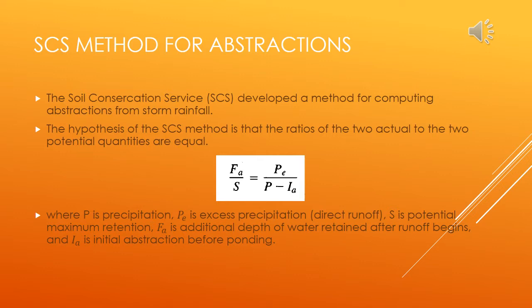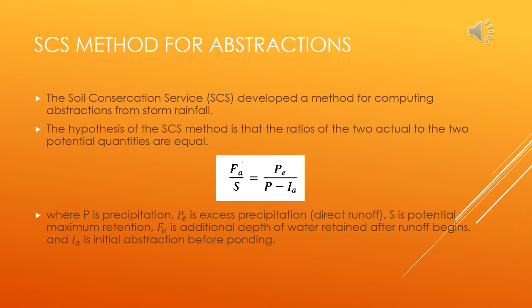So Fa over S is equal to Pe over P minus Ia. This is our equation, where P is precipitation, Pe is excess precipitation or direct runoff, and S is potential maximum retention, which is the infiltration.